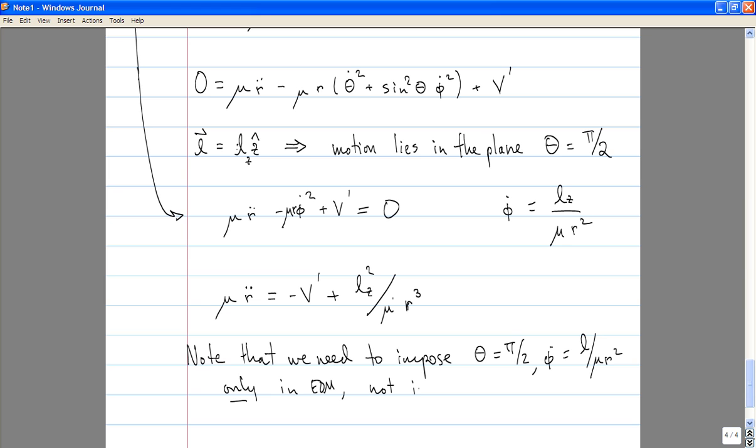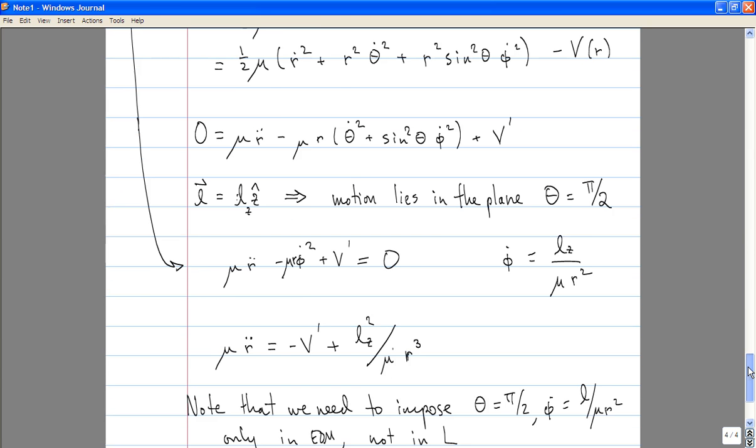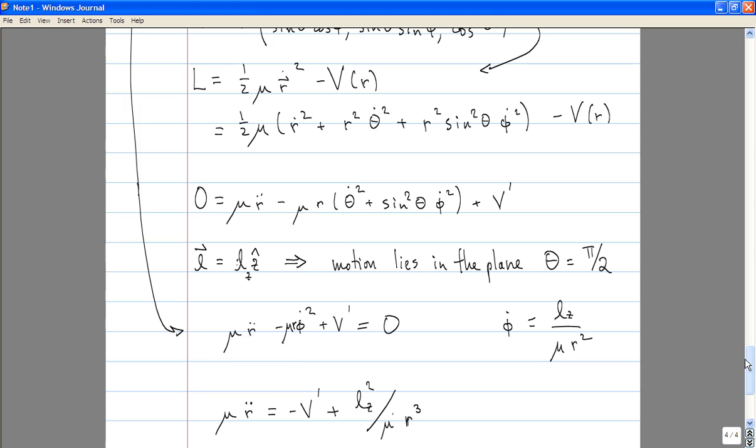So let's imagine that I had done the other thing. Let's imagine that I had plugged in the constraint where theta is equal to pi over 2 and phi dot is something times 1 over r squared directly into the Lagrangian. Then what would have happened? This term would have been equal to 0, and this term would have been equal to 1, and that term would have been something over r squared.